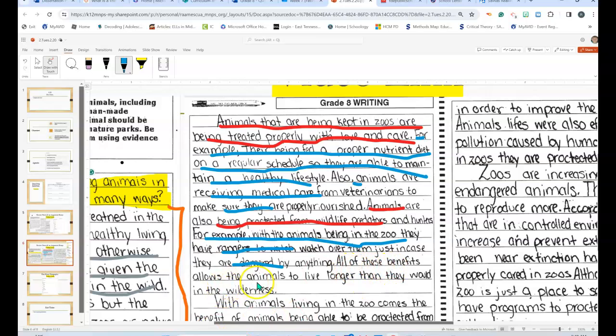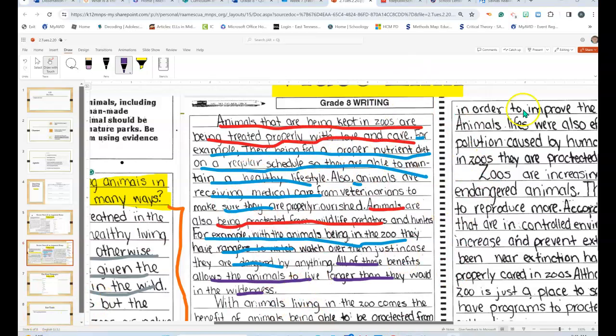All of these benefits allow the animals to live longer than they would in the wilderness. So here is their explanation. So this is all good. Animals that are kept in zoos are being treated properly with love and care. And then they say why this is so important. This is the explanation. It explains why this connects back to this.